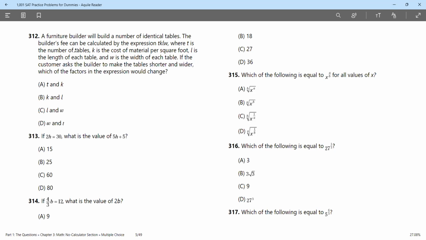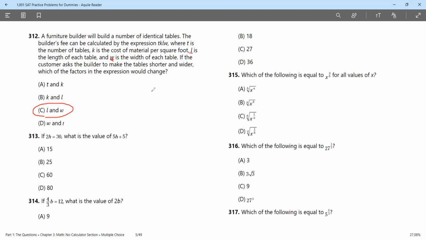If the customer asks the builder to make the tables shorter and wider, which of the factors in the expression would change? Of course, without thinking, we know that W is the width and L is the length. So if you want to control W and L, of course, this will be the answer.